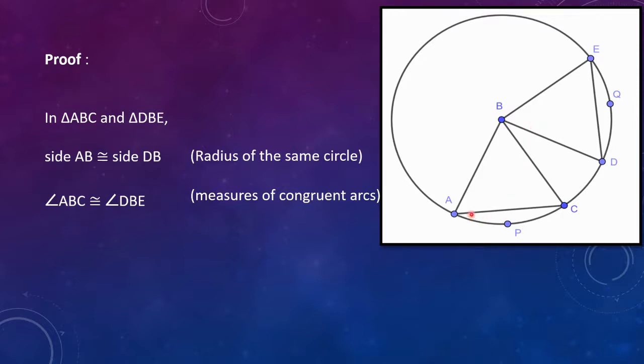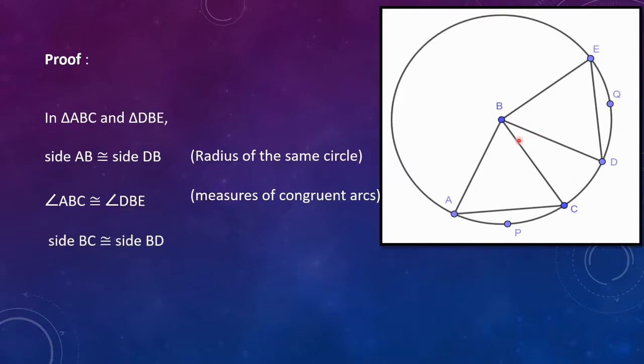So for arc APC, the corresponding central angle is angle ABC, and for arc DQE, the corresponding central angle is angle DBE. So since the arcs are congruent, the central angles will also be congruent. Therefore, angle ABC is congruent to angle DBE.